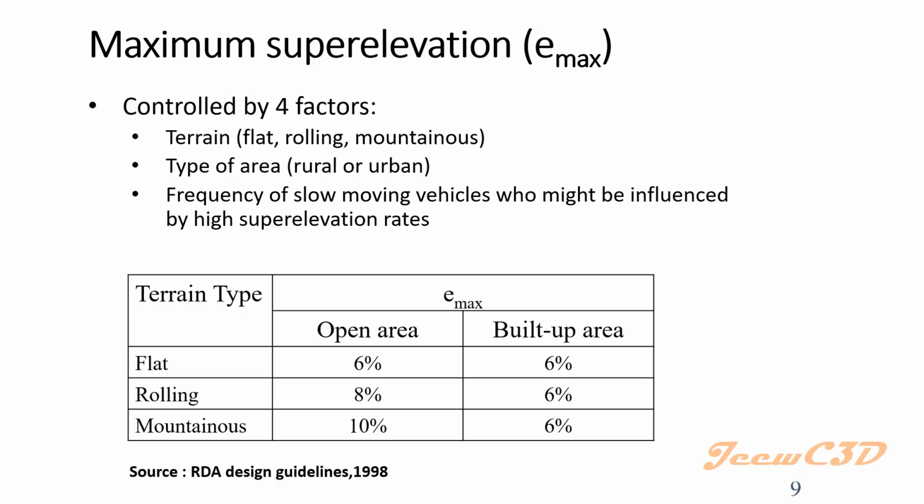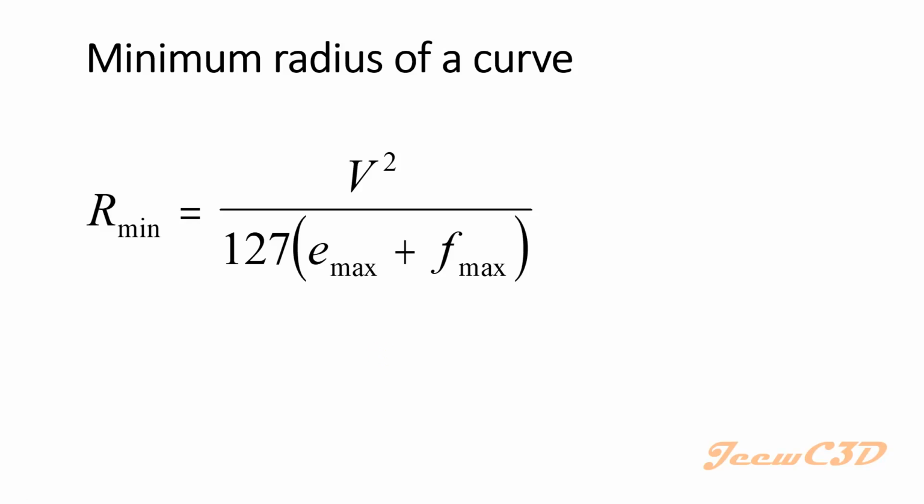So this table is taken from RDA design guidelines. It will tell you if your road is in a flat terrain, and if it is an open area, that means if it is a rural area, you have to use maximum super elevation of 6%. So if you are trying to get the radius, for a flat terrain you have to use Emax of 6%.